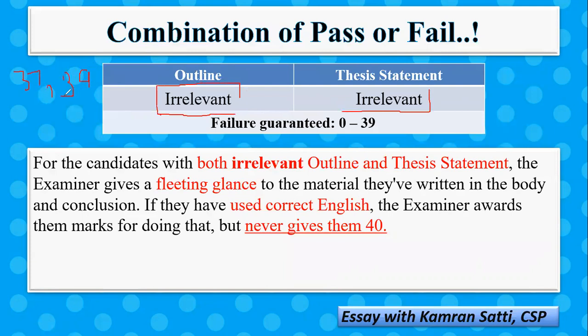The sole reason is that despite having good command over English, they write an irrelevant outline and irrelevant thesis statement. Within the first 5 minutes, the examiner simply is not able to understand what this candidate is trying to say. I mean, what is his or her take on the topic, what is his stance. Believe me, he will just award you anything between 0 to 39.